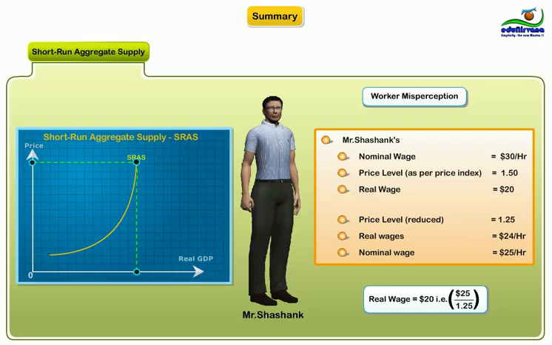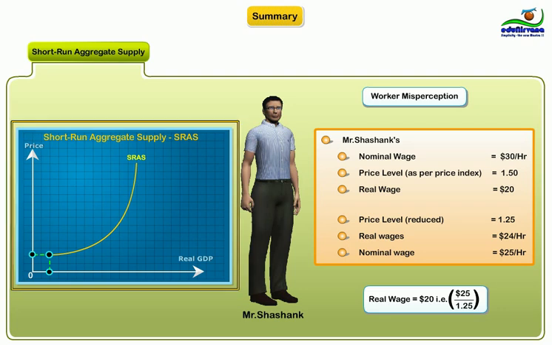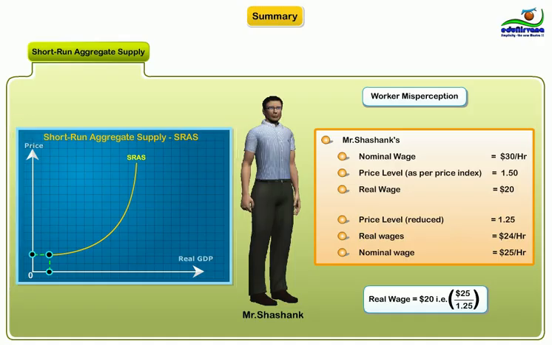In conclusion, if workers misperceive real wage changes, then a fall in the price level will bring about a decline in output, which is illustrative of an upward sloping SRAS curve. The above are movements within the SRAS based on price changes.